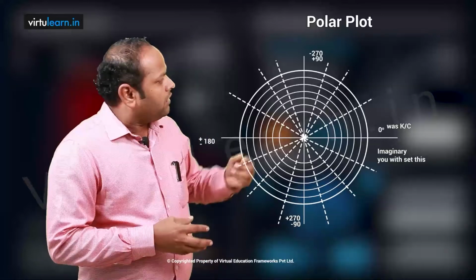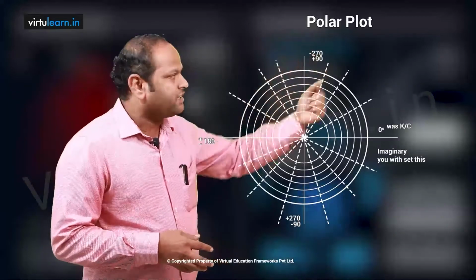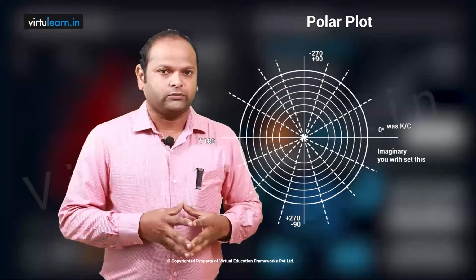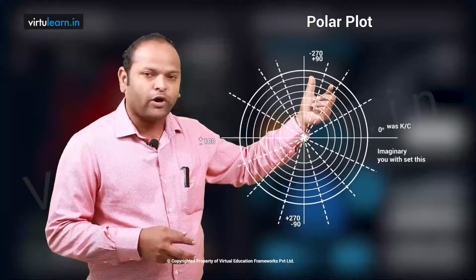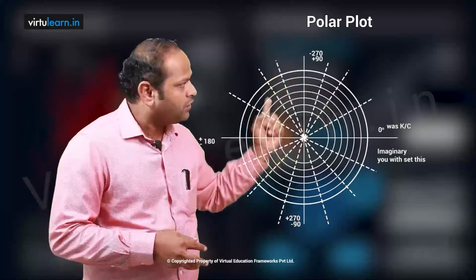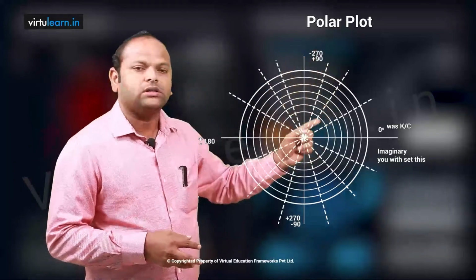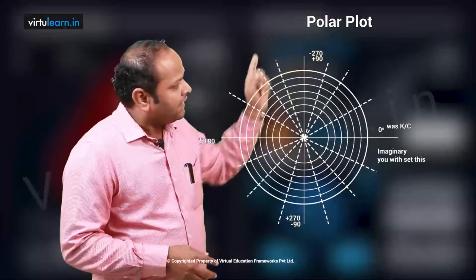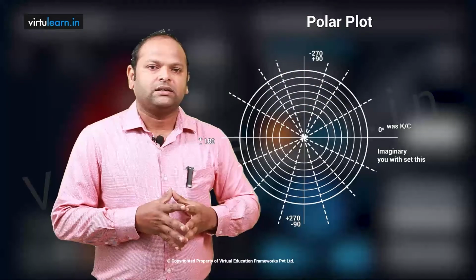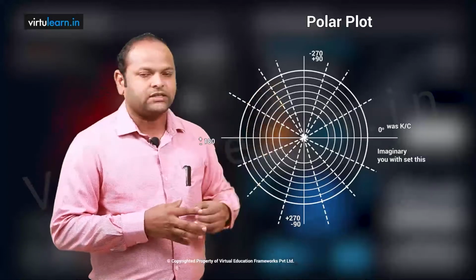Now, when you look at the circles, the radius of each circle gives the magnitude. Let us say from the origin to this point the radius is 0.2, which means the magnitude at this particular point on this circle is 0.2. Similarly, I can draw all the circles, each giving a radius.